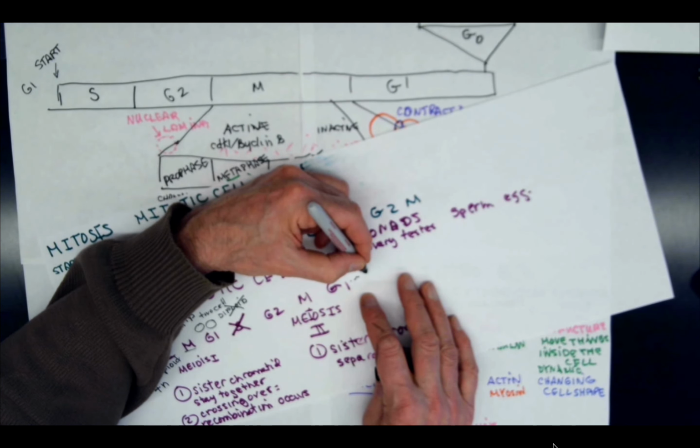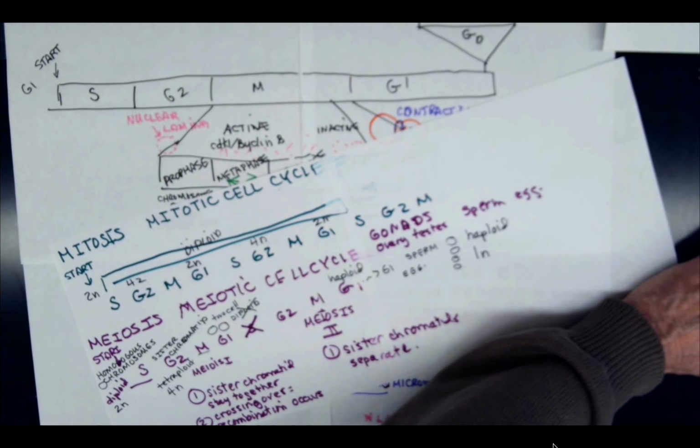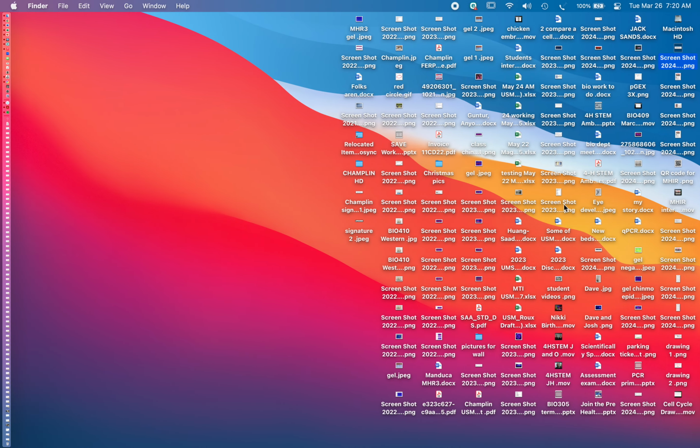So 2N, 4N, 1N. And just up here, just to show it, we go 2N, 4N, 2N, diploid. Don't have that after meiosis 1. Then tetraploid, then diploid, and we just go 2N, 4N, 2N, 4N. And that's the distinction. That's our second drawing. Take a picture of that, send it to me, and we're all set. All right, thanks a lot.